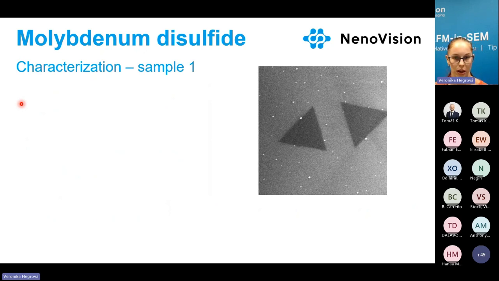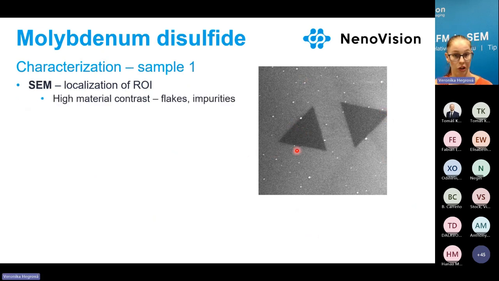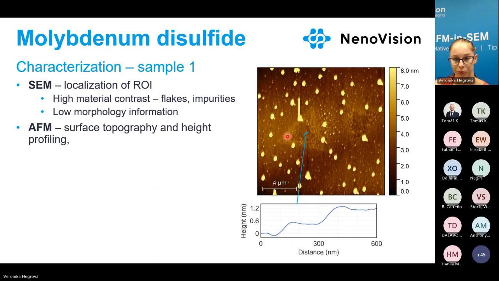So if we have a look at the first sample, we used SEM for localization. We can see high material contrast of flakes, but we can also see the bright spots are impurities. So it's definitely not completely clean. But we don't have the morphology information. When we measured the topography, you can see that there are much more impurities than we saw in SEM, as well the smaller ones.